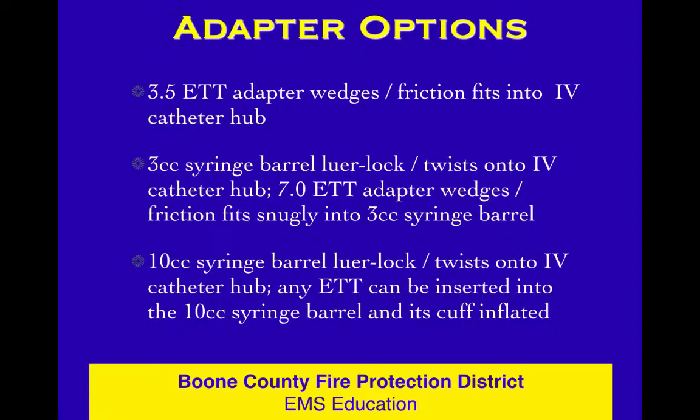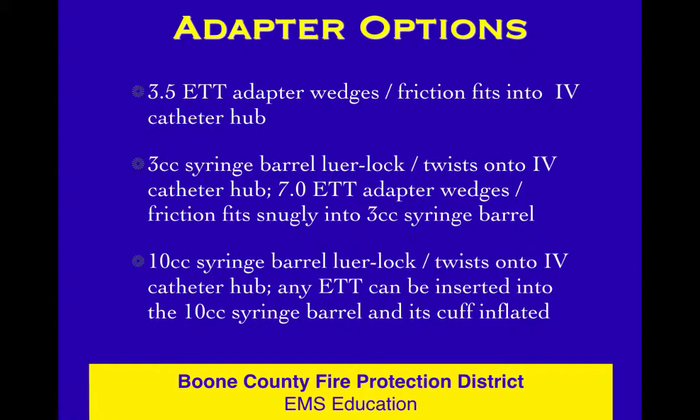If you pop that 7.0 ET tube adapter into a 3cc barrel, it is stuck. So if I ever have to do this, that's my choice. I'm going to take that 3cc barrel, a 7.0 adapter, wedge them together, screw that whole apparatus onto the 14 gauge IV catheter, and then bag to that 7.0 adapter and just take it easy with the bagging, because I don't need to get a lot of oxygen in right off the bat. I'm afraid about my ventilation not working well.